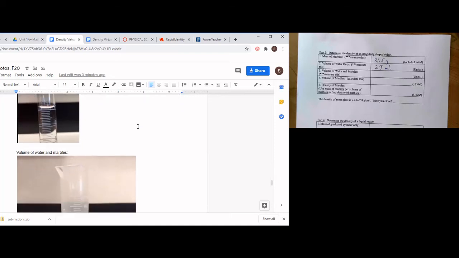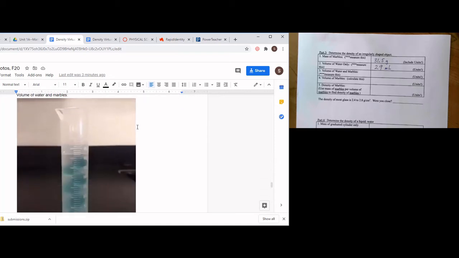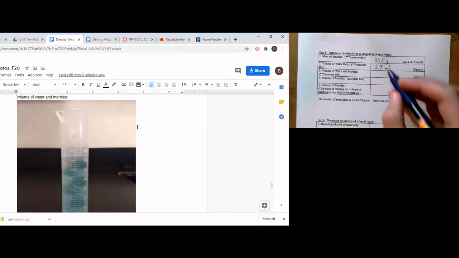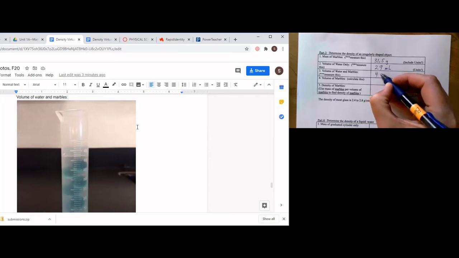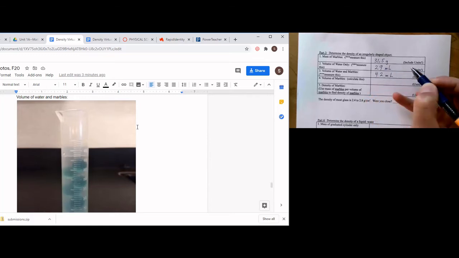So in this next photo, where we have the water and the marbles together, please read the volume at the bottom of the meniscus, the bottom of the scoop, and round it to the nearest whole number. So you see that we have 42 milliliters of water when the marbles are dropped in.